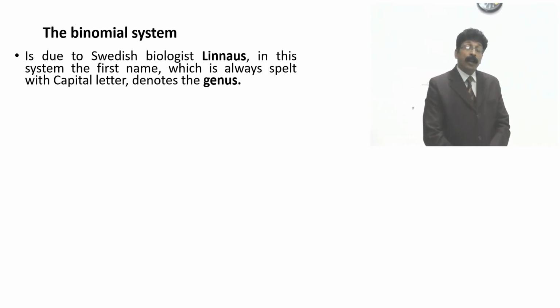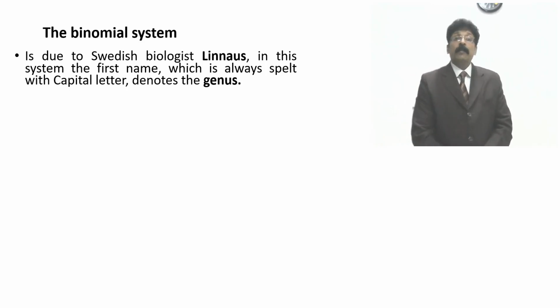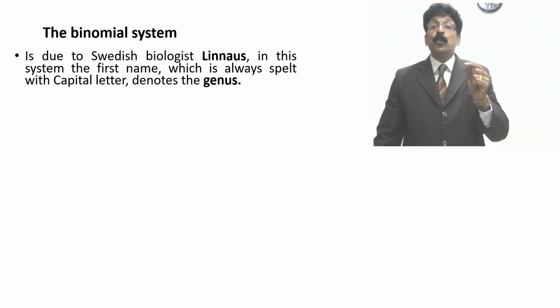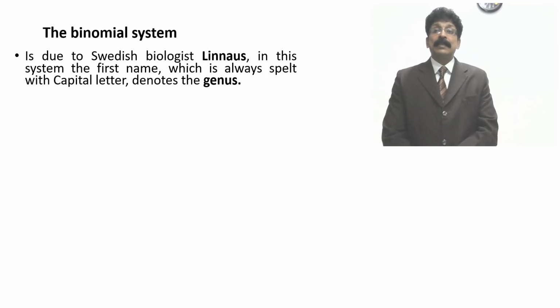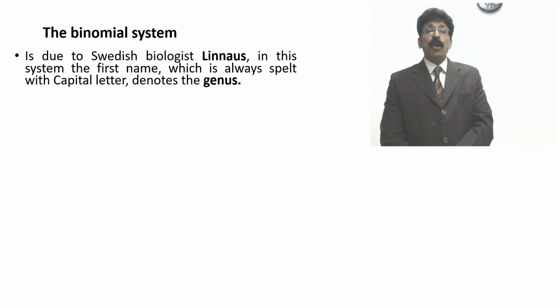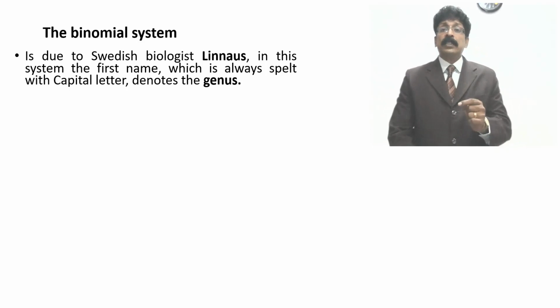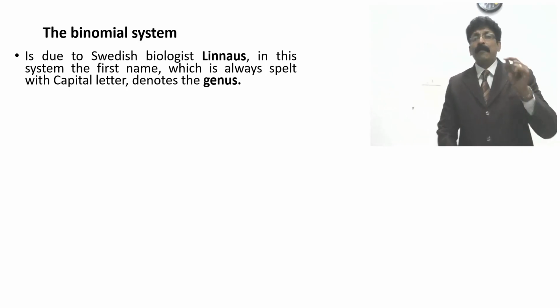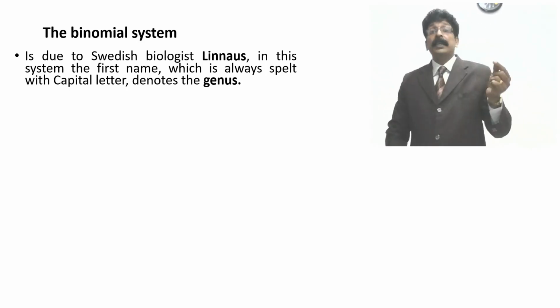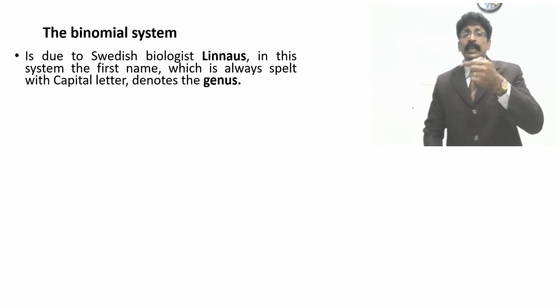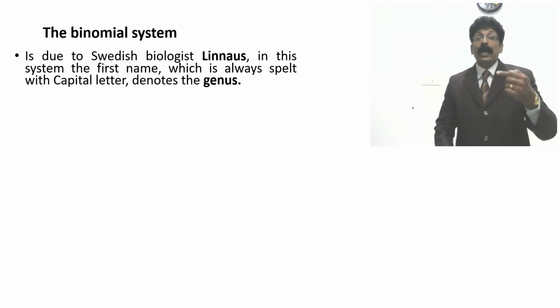What do you mean by binomial system? Binomial system is due to the Swedish botanist Linnaeus, and in the system, the first name, which is always spelt with a capital letter, denotes the genus. For example, I have taken the example of Cinchona ledgeriana. Ledgeriana is the species name. Cinchona is the genus name.